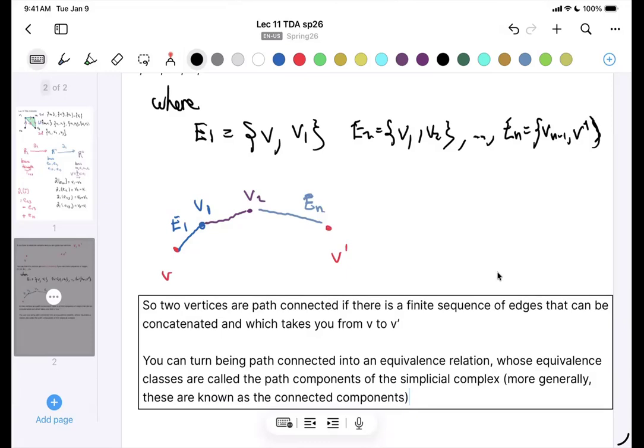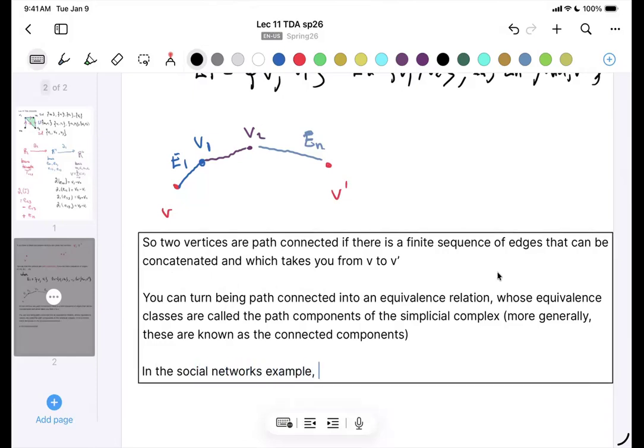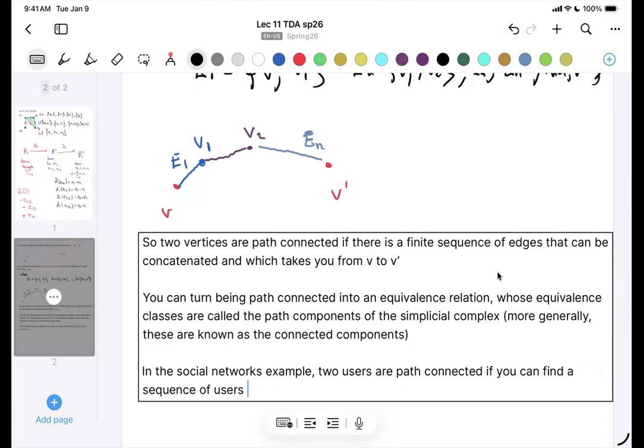So, in the social networks example, you would say that two users are path connected if you can find a sequence of users where... so let me say it like this.